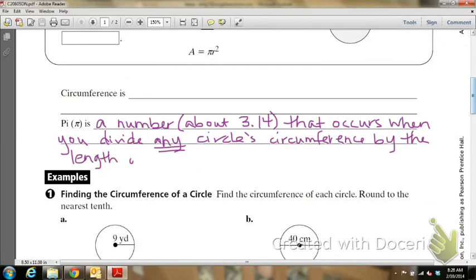So this neat number shows up no matter how big or small your circle is. If you do the circumference divided by the diameter, you're always going to get this magical number pi, no matter how big or small your circle is. It's kind of neat. So now, pause the video if you need to fill that in before we try some examples.